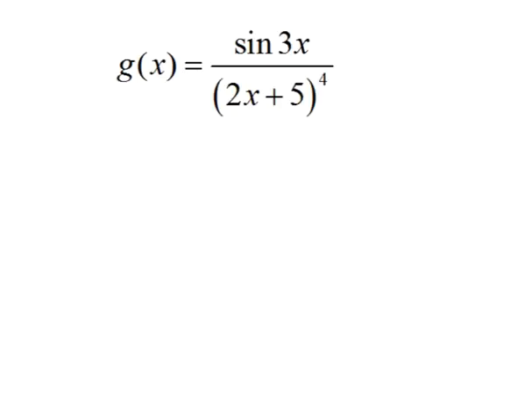Last problem for today, and this is a quotient rule problem. Just like we could use the chain rule within the product rule, we can use the chain rule within the quotient rule.